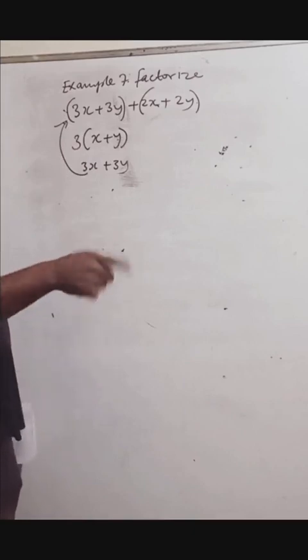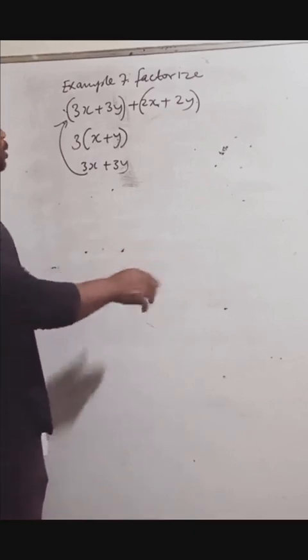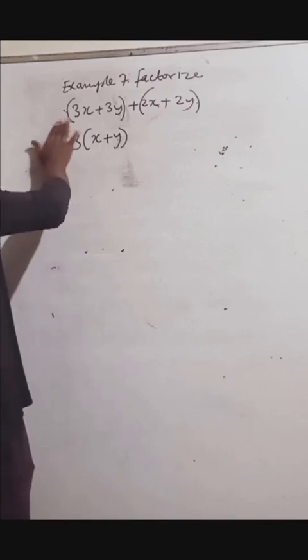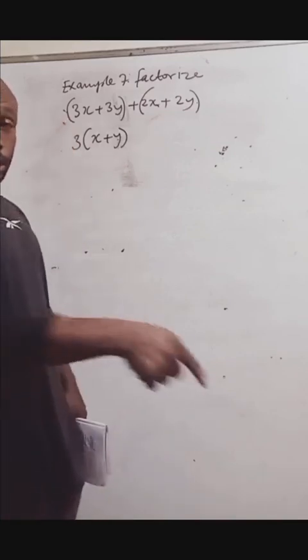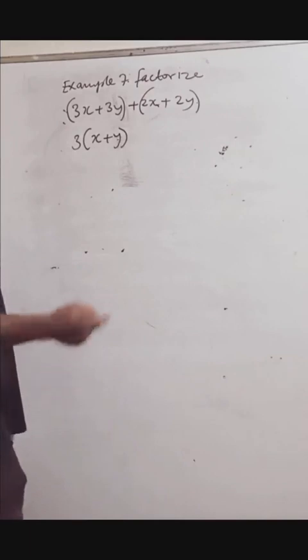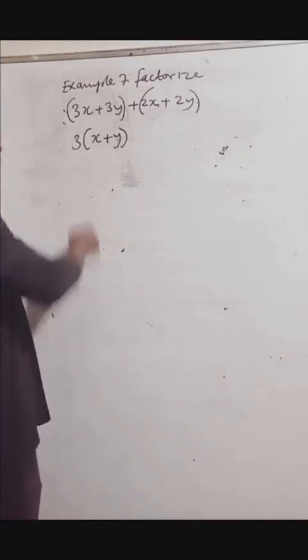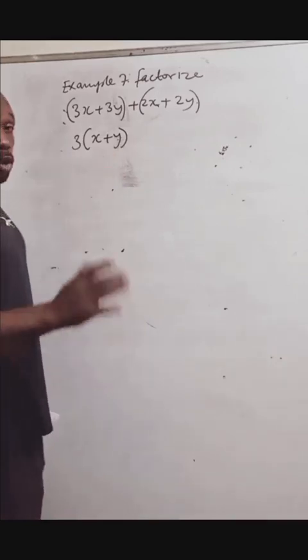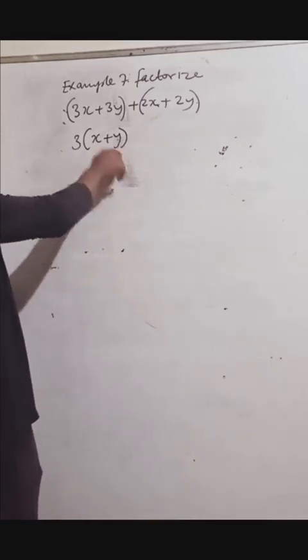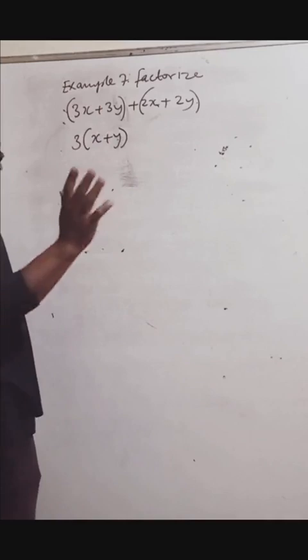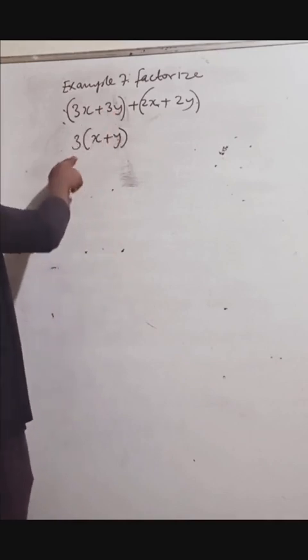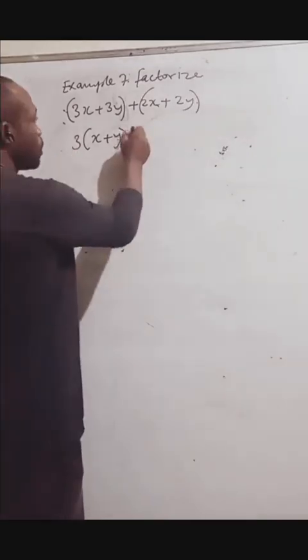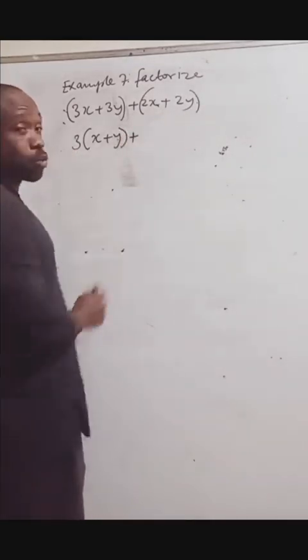So if you're able to get back the original expression, then your answer is correct. But if you cannot get back the original expression, then there's an error that you need to correct. So 3 times x plus y is in order because if we expand it, it will give us back this. Therefore, the common factor of 3x plus 3y is 3. The common factor of 2x plus 2y is 2.